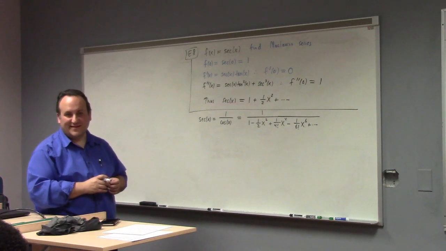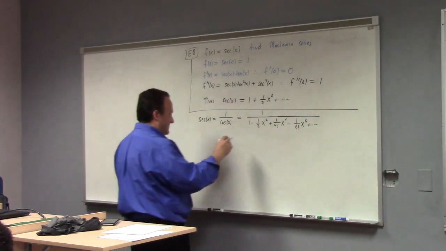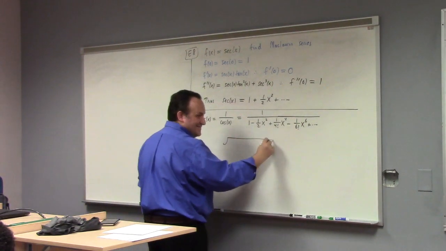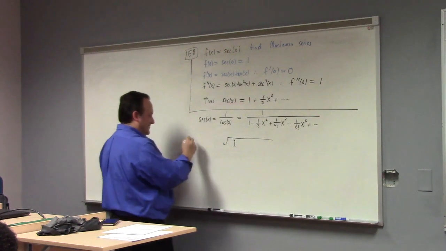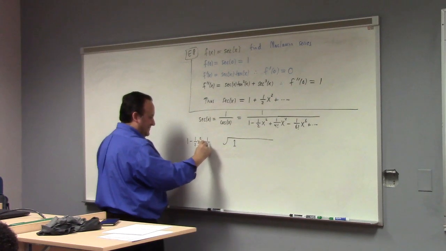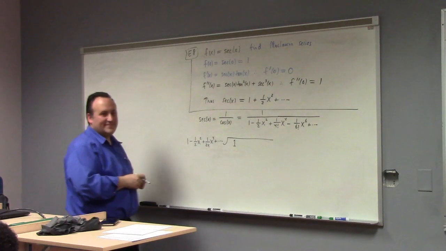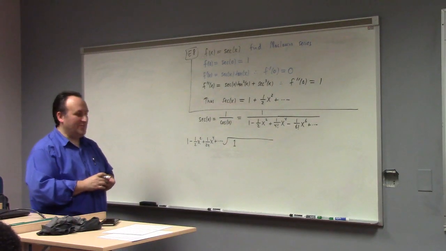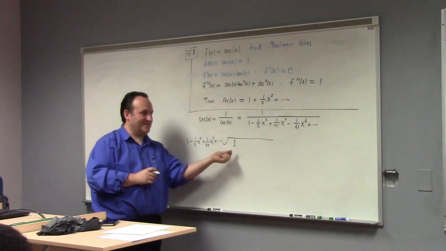So how do you do that division? How many ones? How many multiples of this do we need to get the 1?